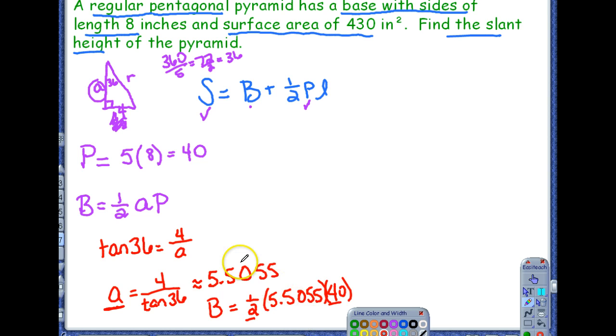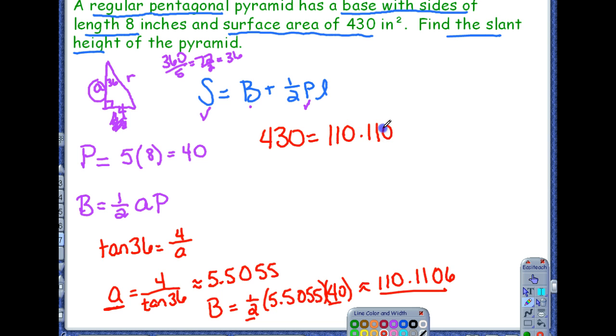That's about 110.1106. Again, leave the big long decimal in your calculator. That's your base area. So right now, we know the surface area was 430. We know the base area was 110.1106, etc.